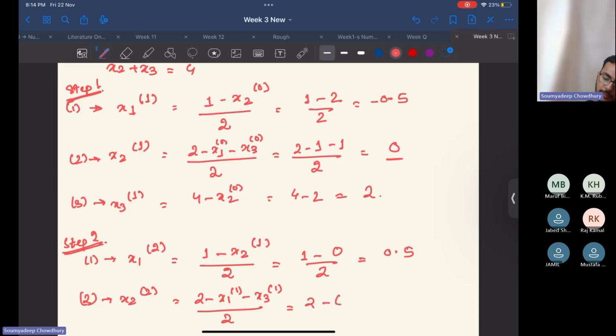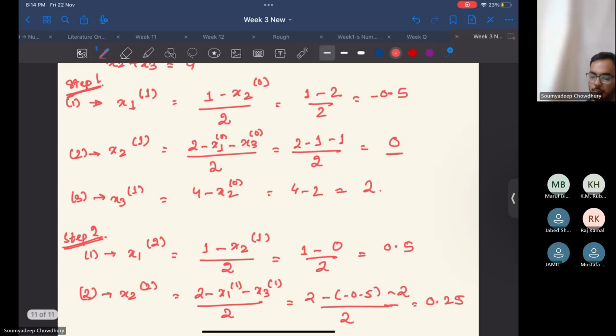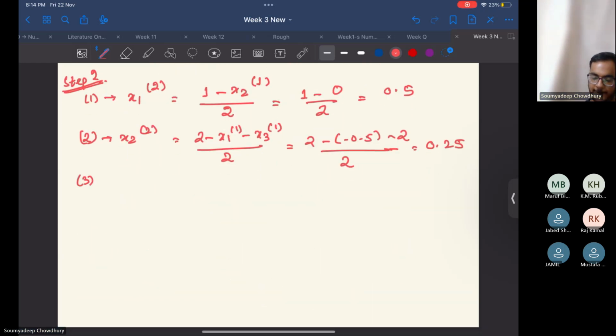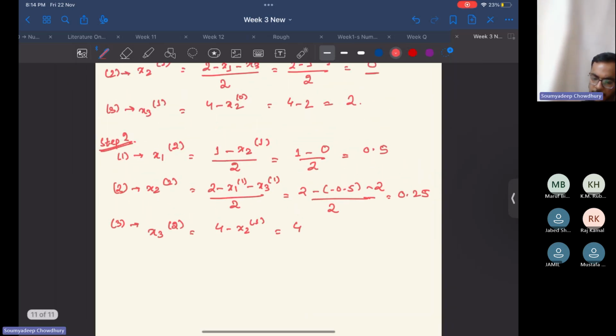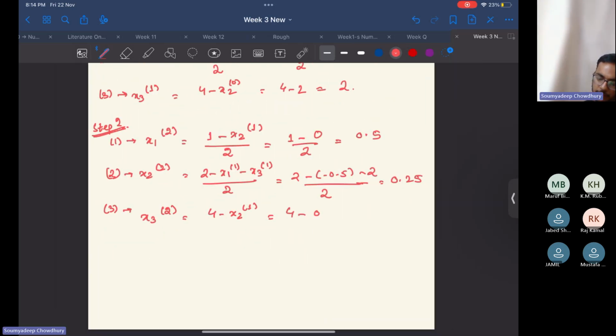So it is (2 minus 0.5 minus 2) by 2, 0.25, right? x3 of 2 is 4 minus x2 of 1. x2 of 1 is 0. So it is 4.